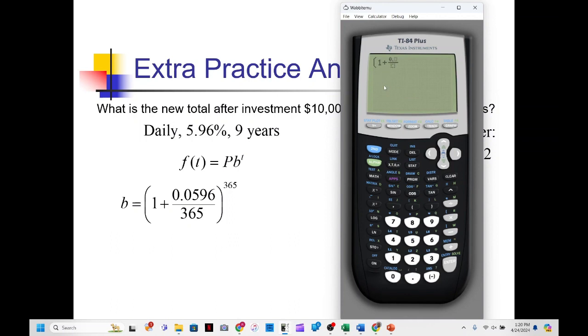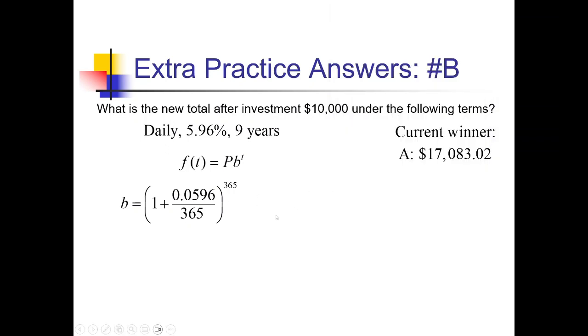So we've got 0.0596 divided by 365. Close the parentheses, and then we'll do an exponent, raise that all to the 365, and that comes out to this crazy decimal, 1.0614 and some change. So I'll just write out the first 4 decimals there.